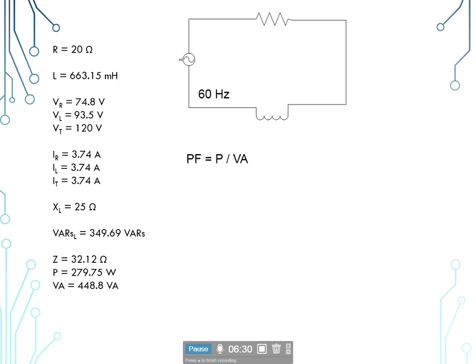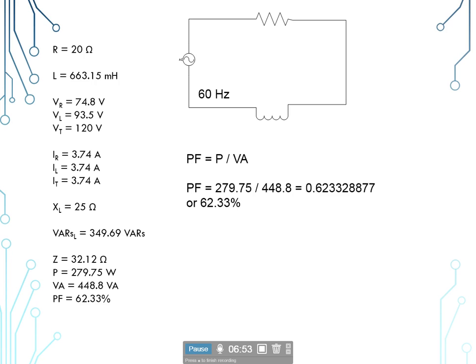In this case, it'll be 279.75 watts divided by our apparent power of 448.8 volt-amperes, giving us 62.33%.